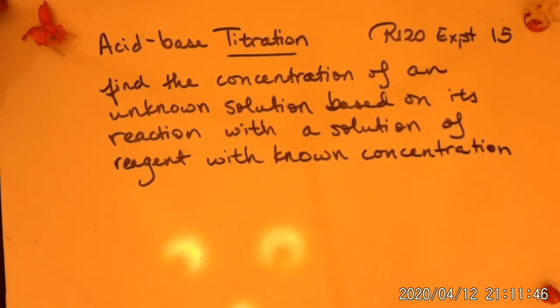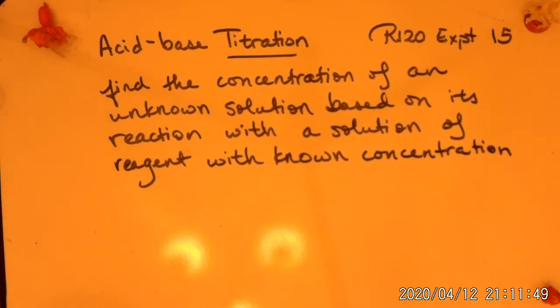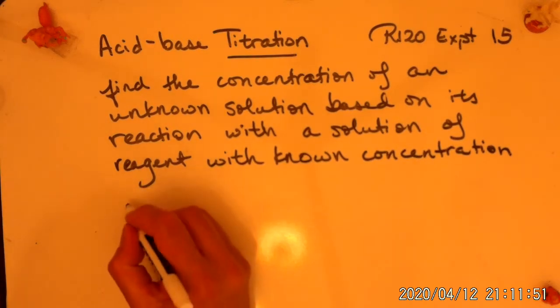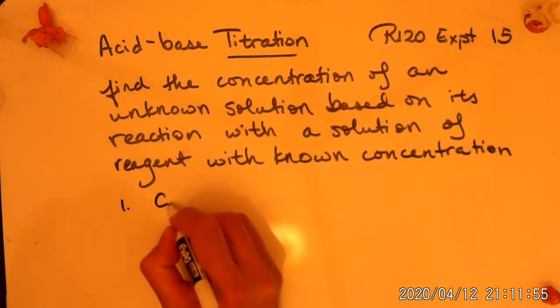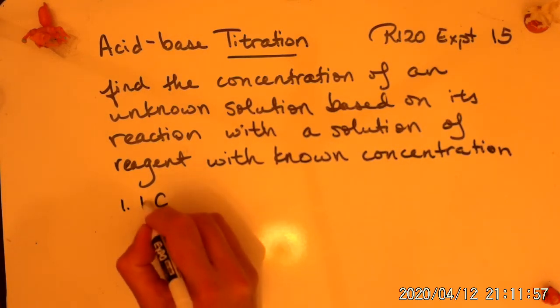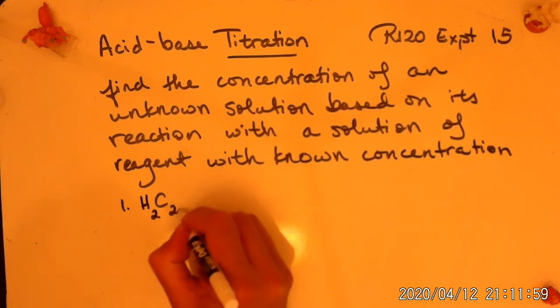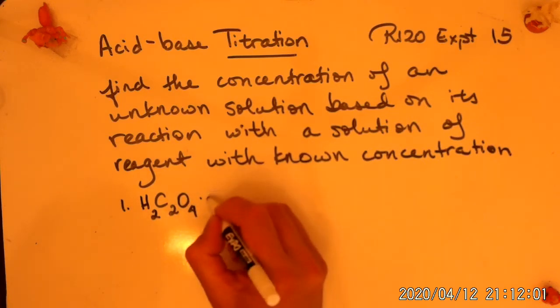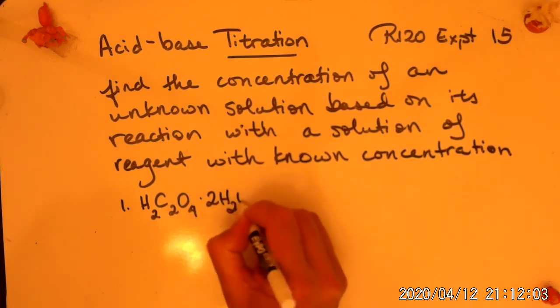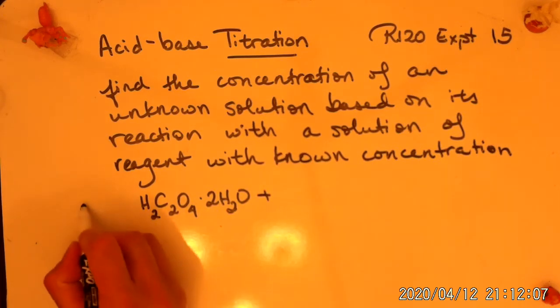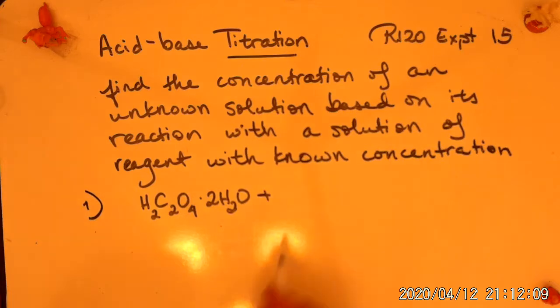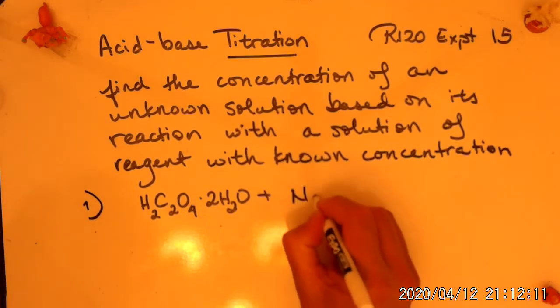All right, so let's talk about what we're going to do. So, one, you're going to have oxalic acid dihydrate, and you're going to react it with sodium hydroxide.